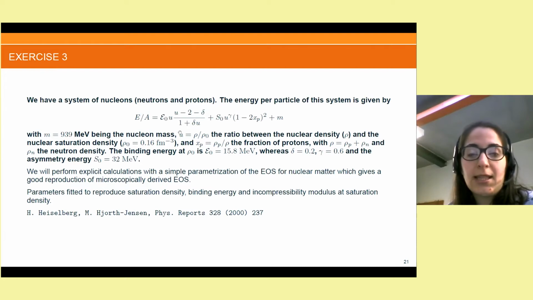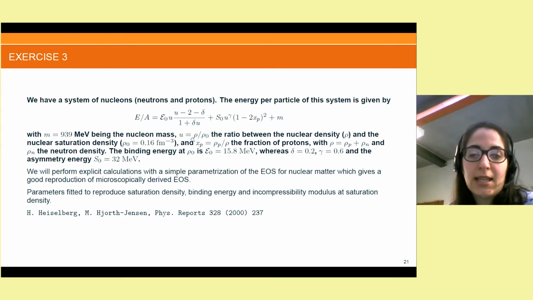Laura was telling us yesterday that there are usually two terms here. One is more related to the compressibility, and the other is related to the symmetry energy. In this parametrization, we have this u here, which is the baryon density.